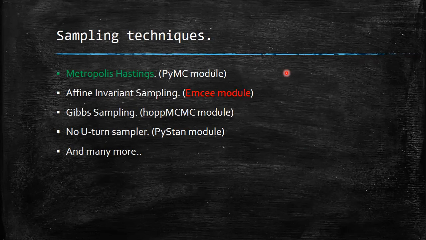We also have affine invariant sampling, implemented in the emcee module, which is what we'll use in our tutorial. And we have the popular Gibbs sampling, used in the Hop MCMC module, and the no U-turn sampler, which is used in PyStan.